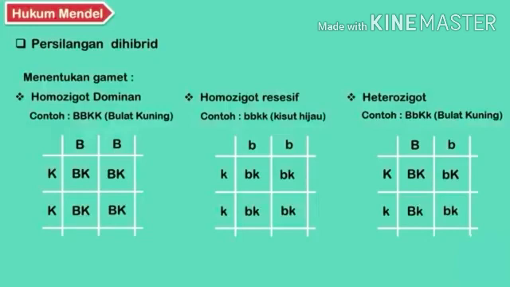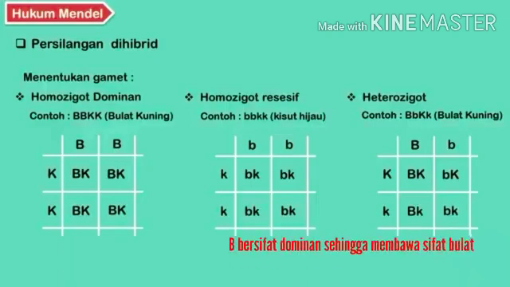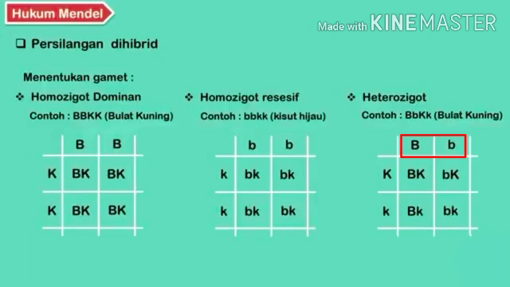Number 3, heterozygote. For example, BbKk, it is yellow round. Remember, B big is dominant, so it carries round traits, while K big carries yellow traits. The top row contains B big and B small, while the columns are K big and K small.